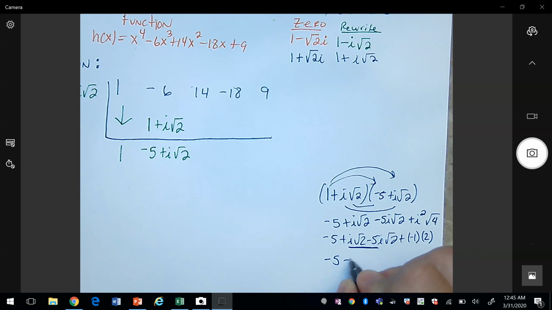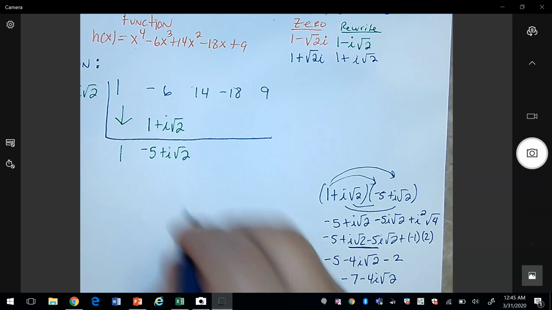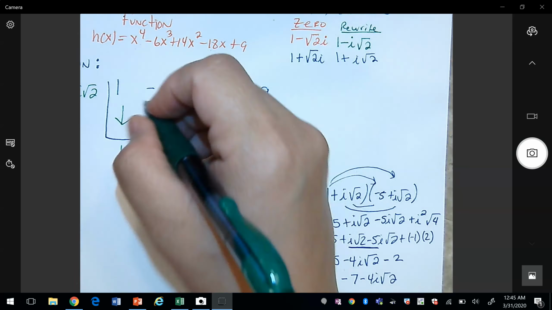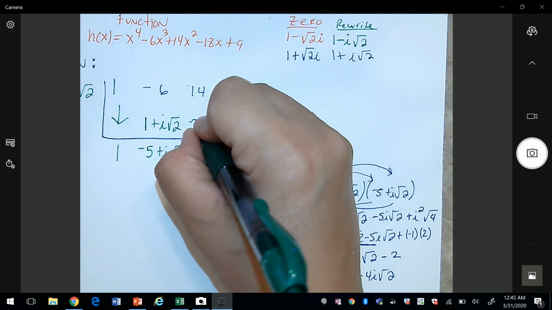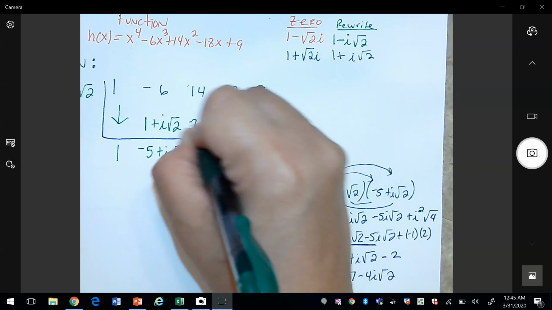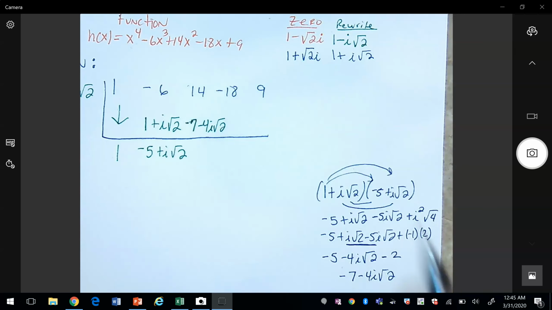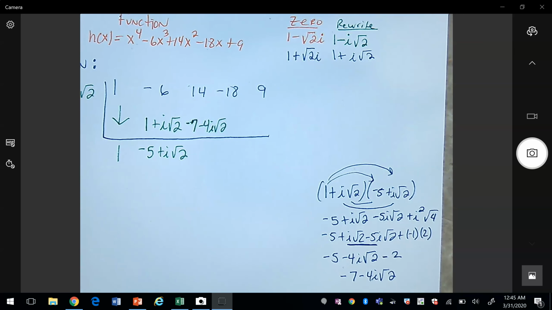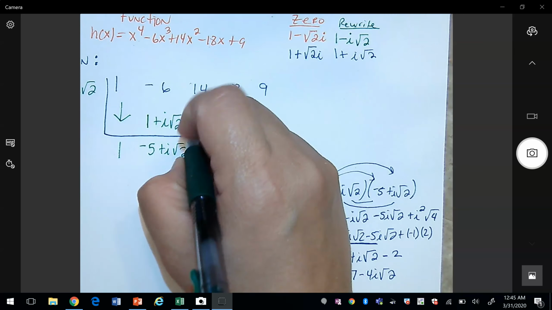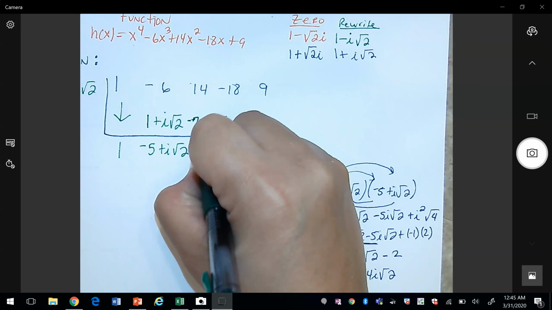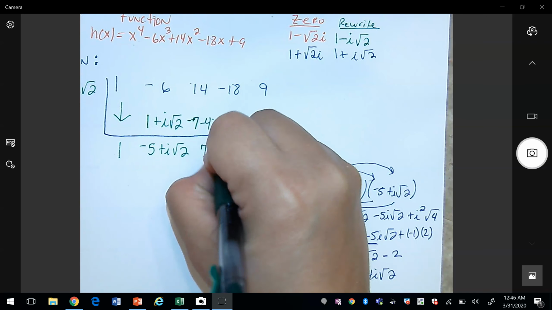This will become minus 4i square root of 2 minus 2, which is negative 7 minus 4i square root of 2. So when we multiply, this is what we get. So this is going to go up here, and add to the 14 will give us a positive 7 minus 4i square root of 2.